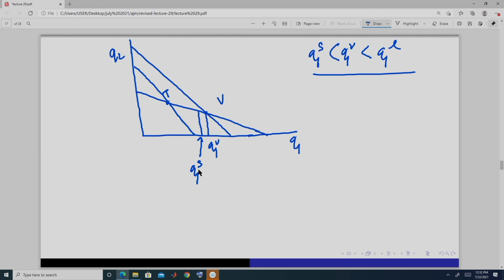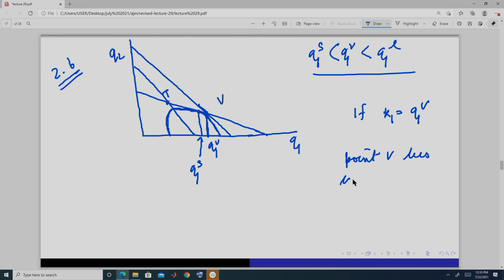Okay, now here if K1 is equal to Q1V, following from the previous case, so this is 2B. Then this is the outcome, right, we get here. And since this is the Stackelberg output, the isoprofit is tangent here.